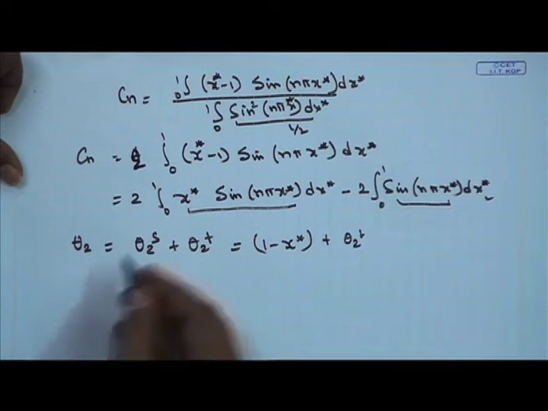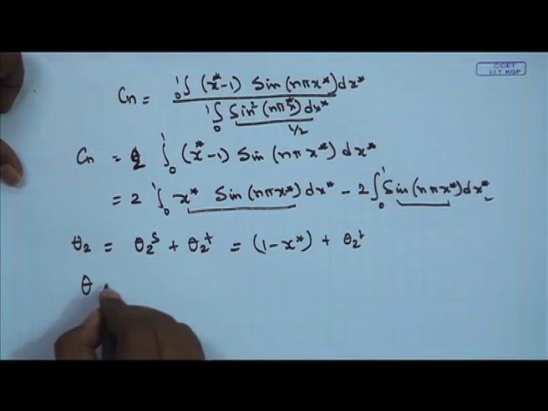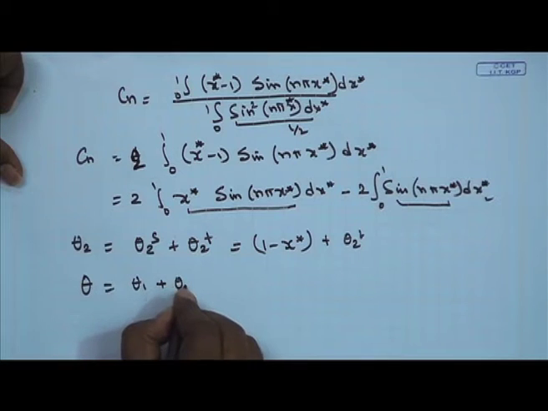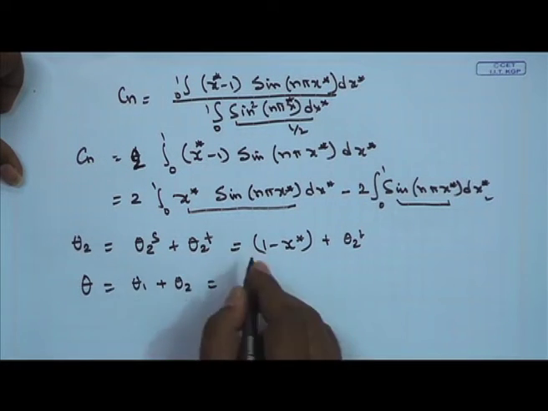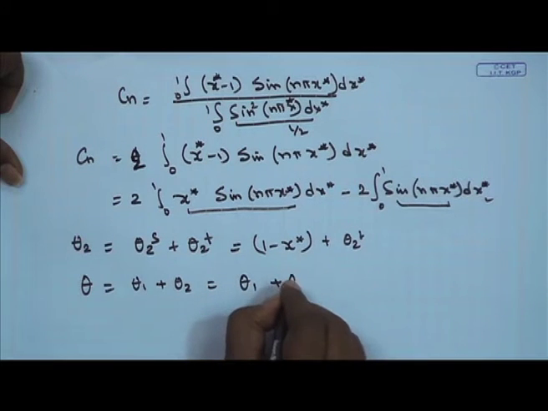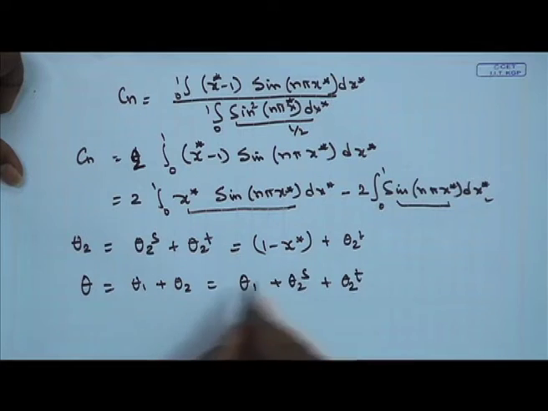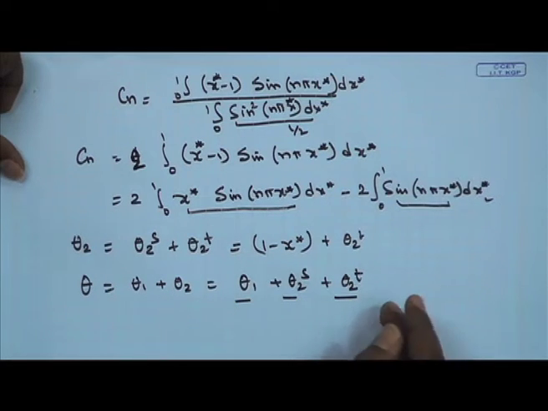So the complete solution of the overall problem becomes theta equal to theta 1 plus theta 2, and theta 2 is basically two parts, theta 2s plus theta 2t. If we add up all the subparts, that will give you the complete solution of a practical problem in two-dimensional parabolic partial differential equation.